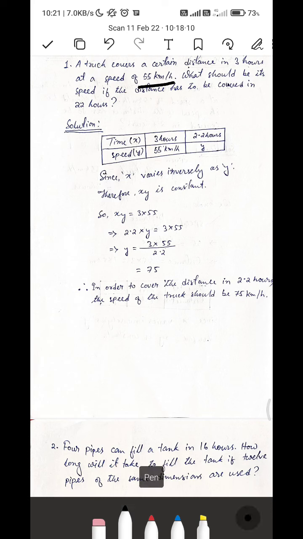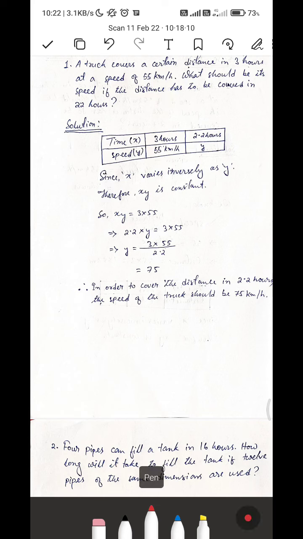What should be its speed if the distance has to be covered in 2.2 hours? So in this case you can see the time has decreased from 3 hours to 2.2 hours. This means there should be an increase in the speed, because if you have to cover the same distance in less time, surely you will have to accelerate the vehicle, whatever it is. It may be a bike, truck, car, or whatever, or even if you are walking.